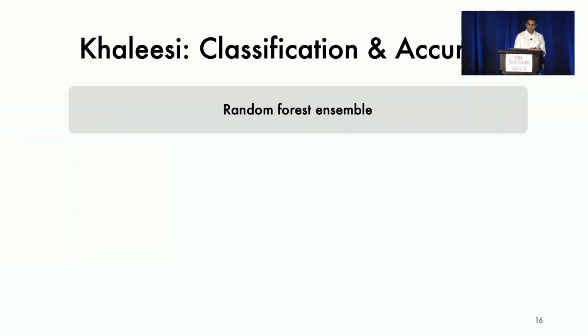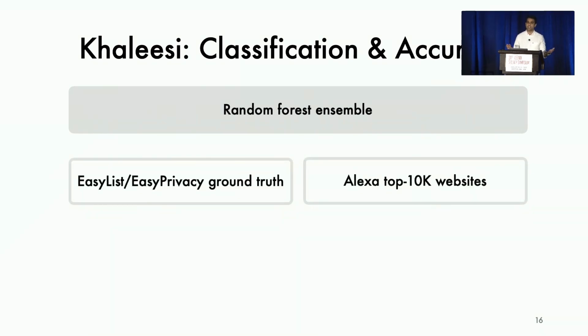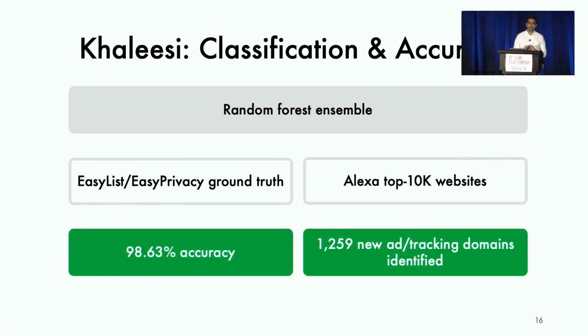So using those features, we train a random forest machine learning ensemble, and we use EasyList and EasyPrivacy as our ground truth. And our test data is the request chains on the Alexa top 10,000 websites. So after we train the model, we test it on various crawling configurations and also using tenfold cross-validation.